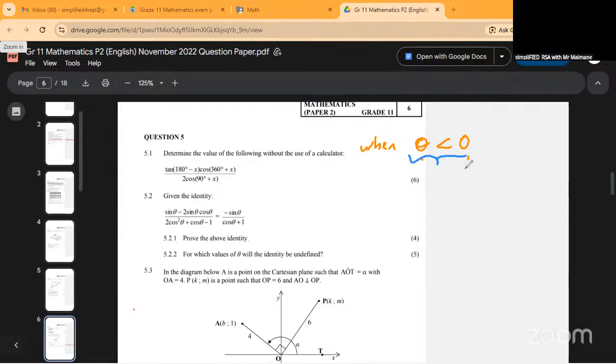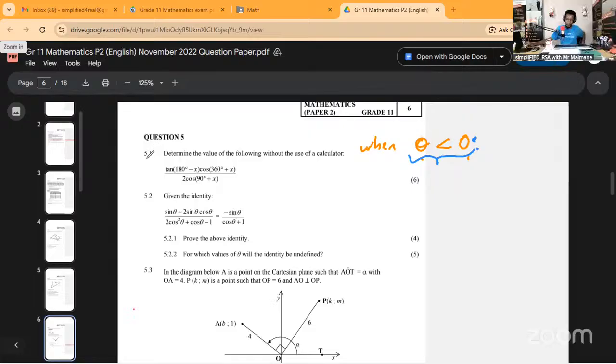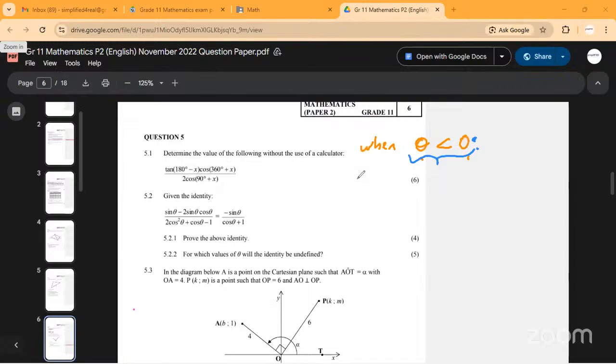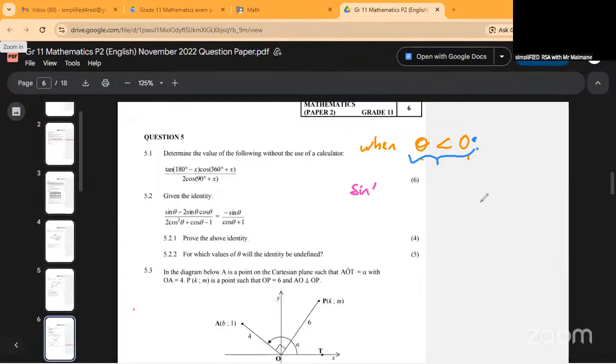Now when theta is less than 0, you are saying when theta is negative. So we can say cos of minus theta, is that what you're saying?